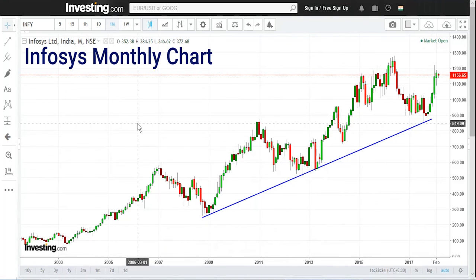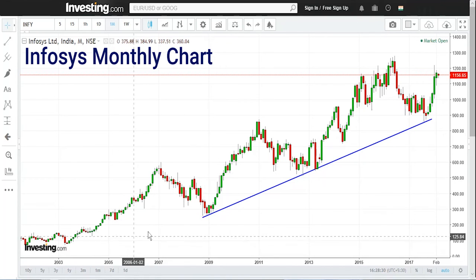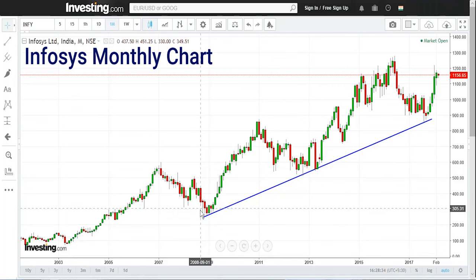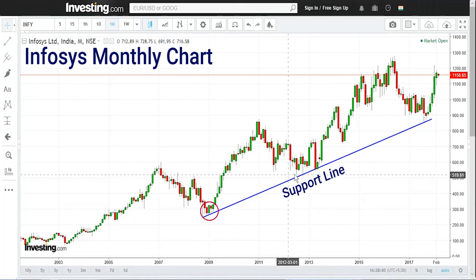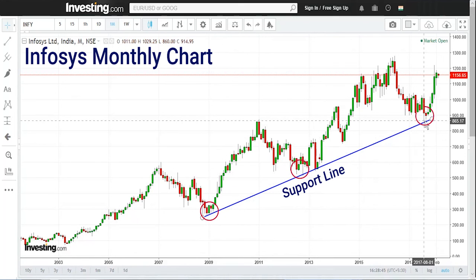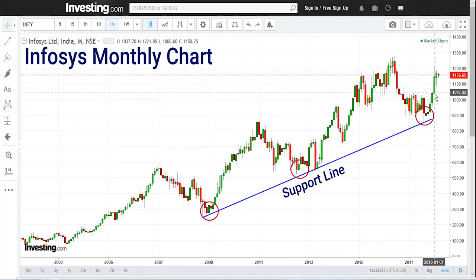Now we are looking at the Infosys monthly chart, and this chart shows the multi-year movement of Infosys. Here you can see that a trend line was formed during the first pullback around 2008 and the next pullback around 2013. And see, now in 2017, when this trend line was validated, how the price moved from 890 odd levels to almost 1200 levels within a few months.